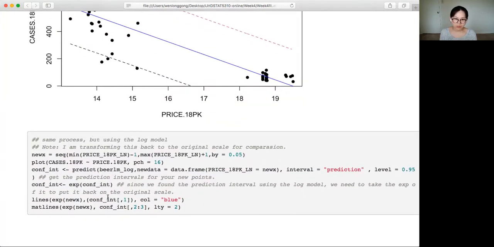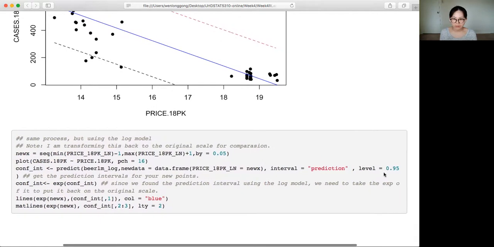Well, let's do it with our new model, the beer log model, and similarly, I put in a sequence of new x and get the 95% prediction interval. And because we use the log model, we have to transform it back to the original unit. So this is the key line to transform back to the original scale.